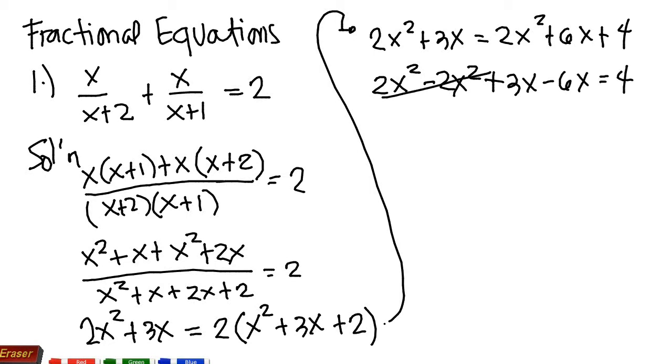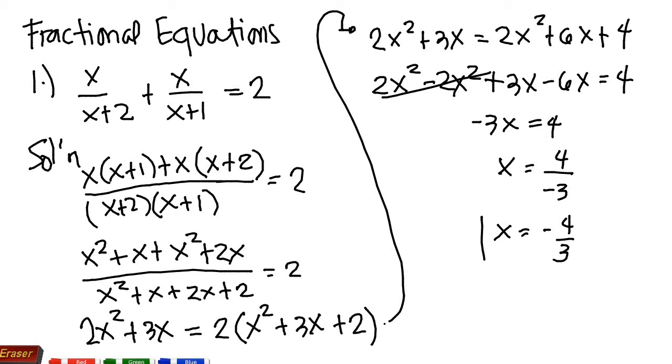So x squared will be cancelled, what remains is x. 3x minus 6x gives us negative 3x equals 4. Therefore x equals 4 over negative 3, or x equals negative 4 over 3. So this will now be your final answer.